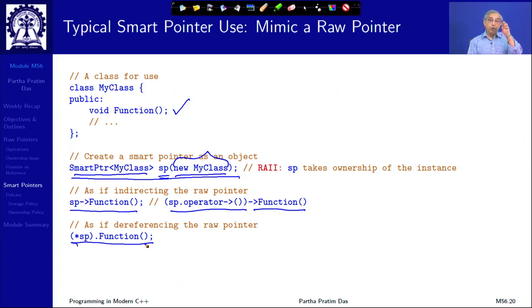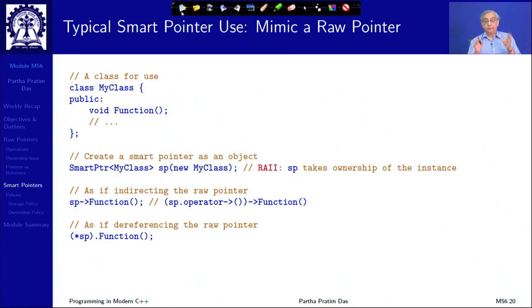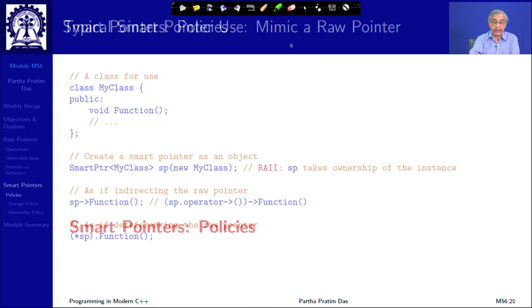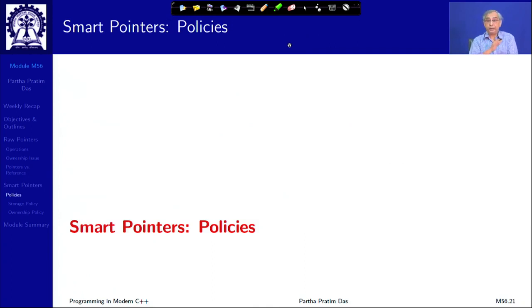So, with these two operator overloadings and these basic construction, destruction, copy, move kind of operations, I can have a smart pointer which mimics the raw pointer, but can now behave in a multiple of different ways.